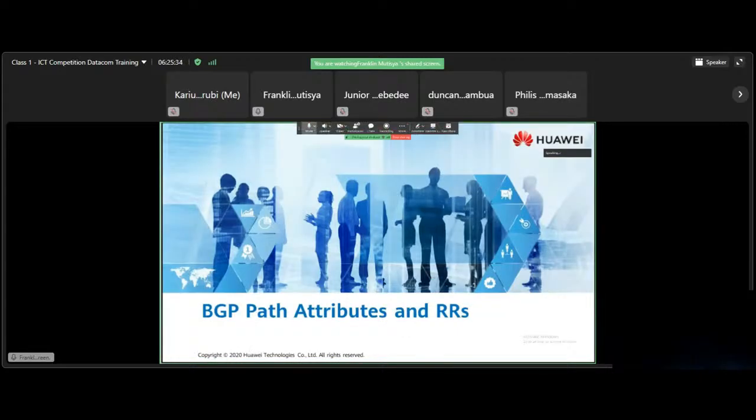Okay, welcome back. So we're going to look at BGP attributes. Earlier on we said BGP uses path attributes to determine the path that packets can take to a certain destination on the network.